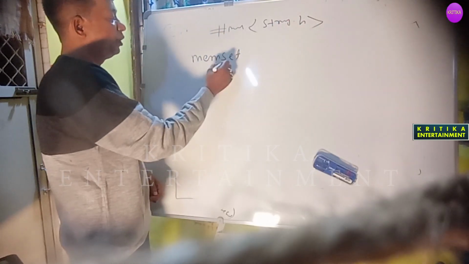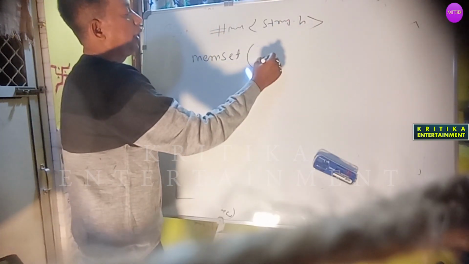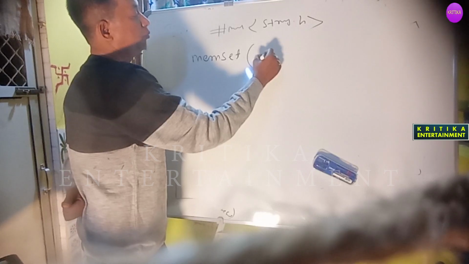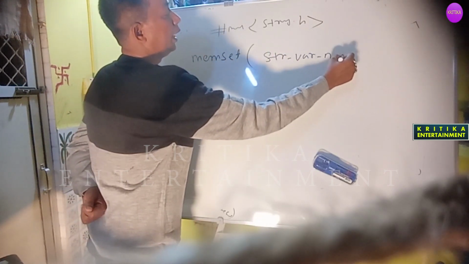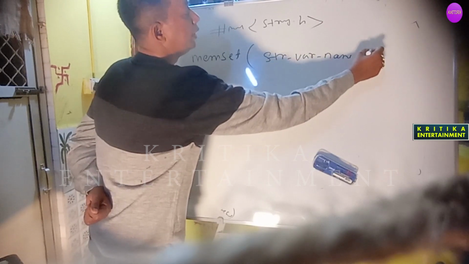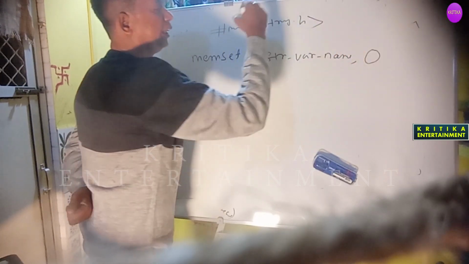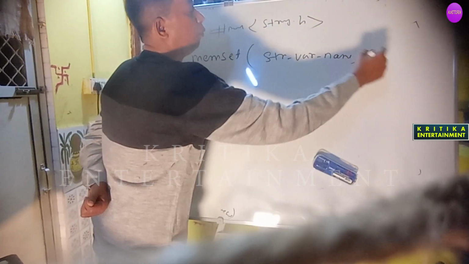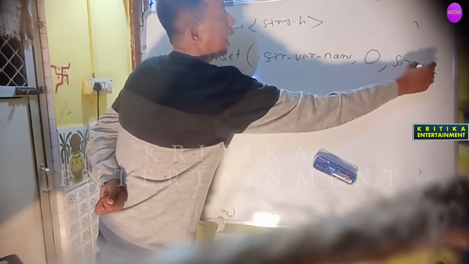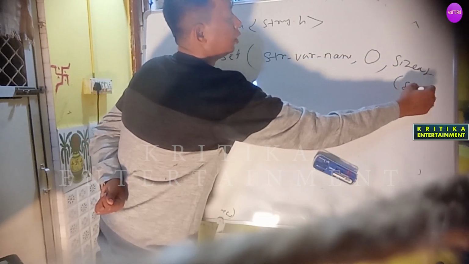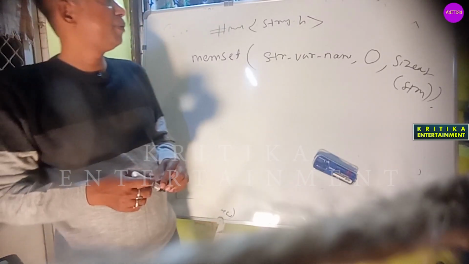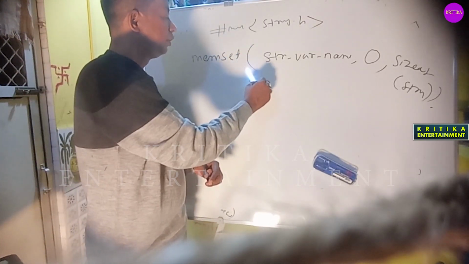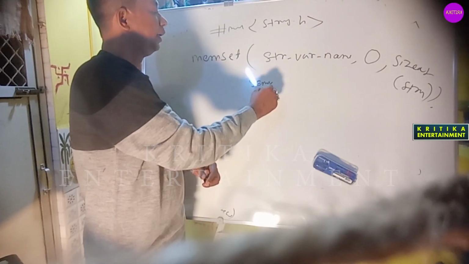What is the task of memset? I'll write the structure variable name, then initialize each bit to 0, and then the size of the structure. This is called memset.